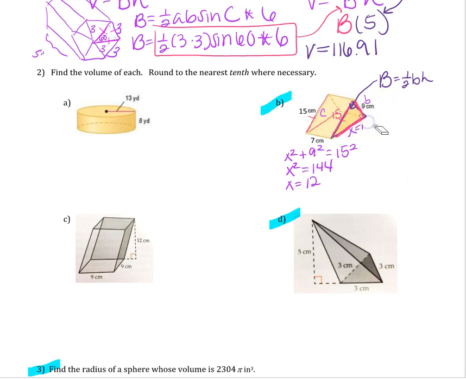That's what's going to go in for little b in the area of my base. 9 goes in for little h there. So area of the base is going to be 1/2 times 12 times 9.